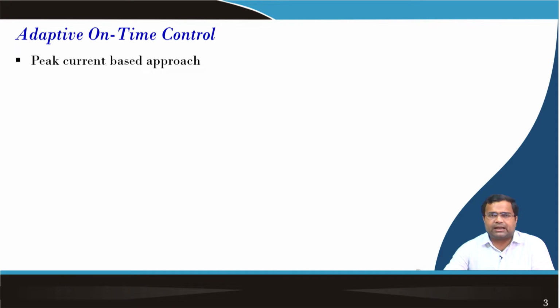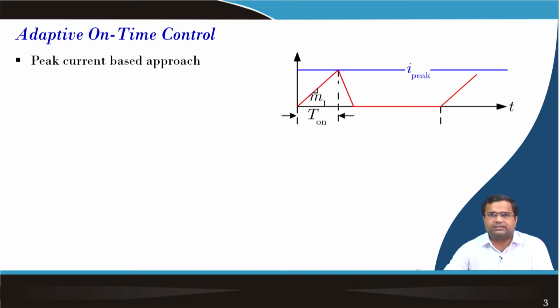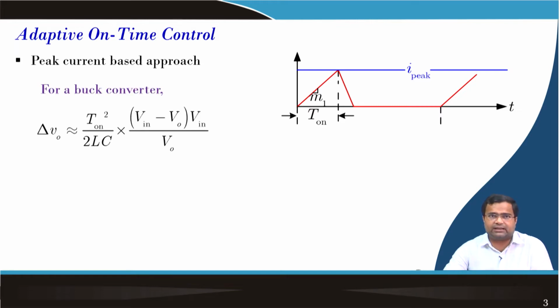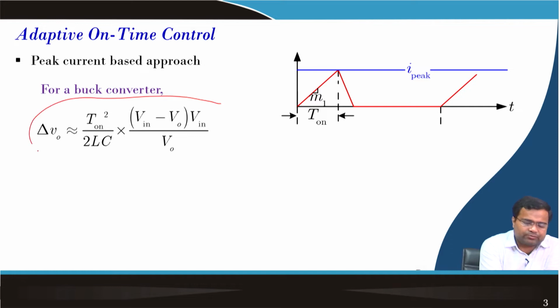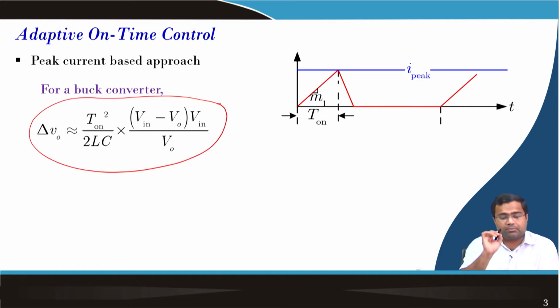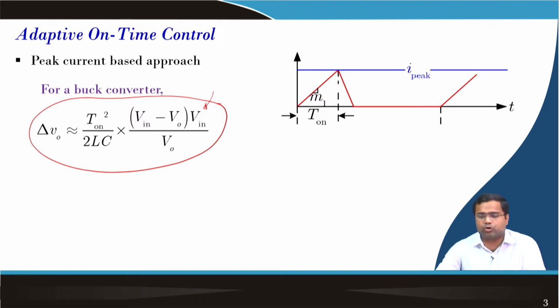So, the adaptive on-time we discussed in the previous lecture, here we want to retain the same feature of constant on time, where the ripple voltage will be independent of load current, but it is still a function of input voltage. We discussed in the last lecture also, if the input voltage increases, ripple will increase. So, we want to make sure the ripple will be more or less insensitive to input voltage also.